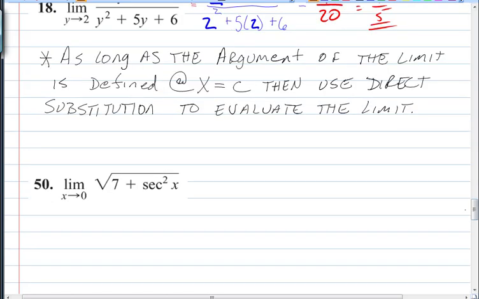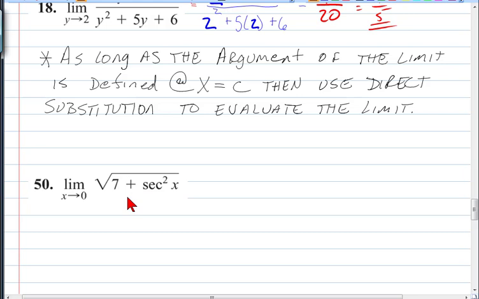Okay, number 50, we have the limit as x approaches 0 of the square root of 7 plus secant squared x. Can we use direct substitution here? Well, as long as that's not 0, I think we can. Okay, this is where the trig has to come back to you. All right, secant is the reciprocal of which trig function? Cosine.